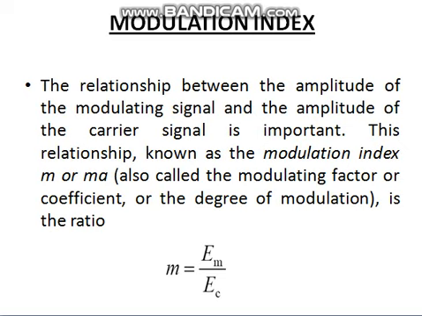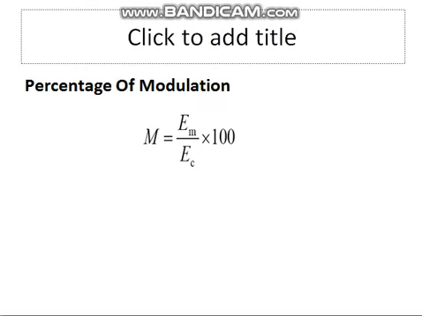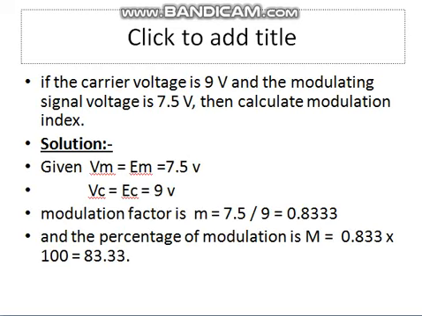The maximum amplitude of the modulating signal is E_m, and the maximum amplitude of the carrier is E_c. So we get the modulation index formula m = E_m divided by E_c. When we want the modulation index in terms of percentage, we multiply by 100.